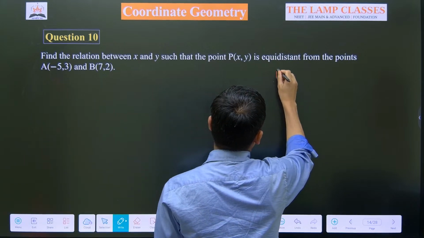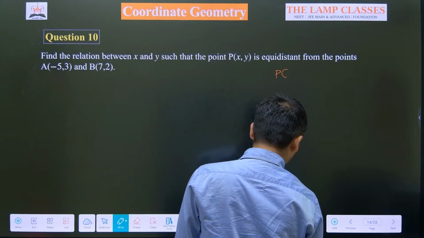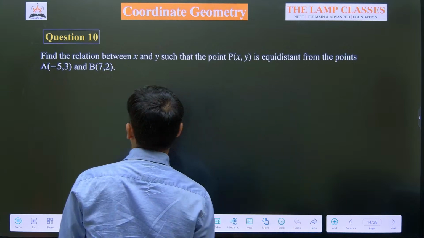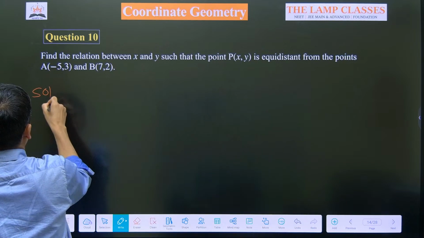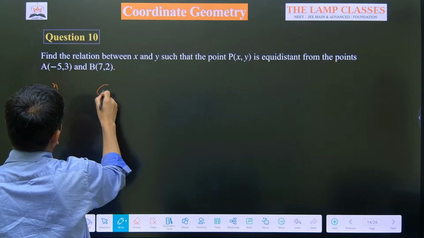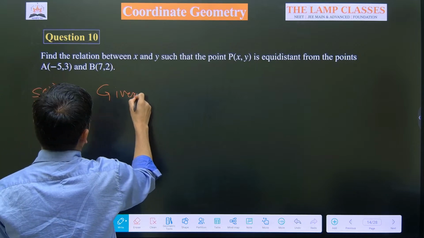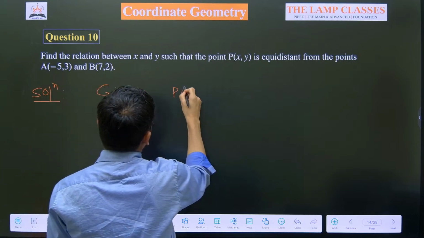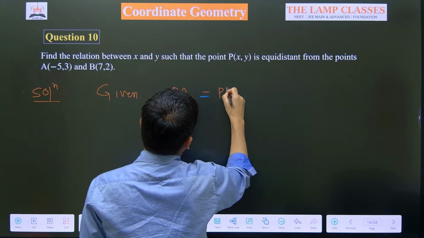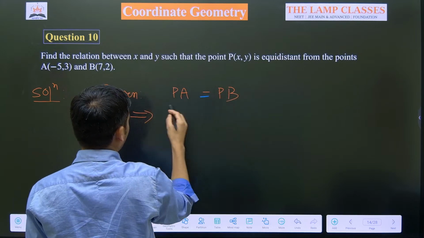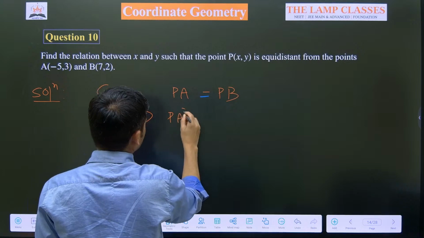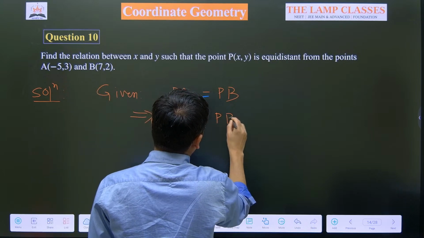So P, in fact, even if you are not able to make the diagram, it's fine. In the solution we should write given PA is equal to PB, right? If you want, you can even directly square both the sides so that the square root will get cancelled in the distance formula.